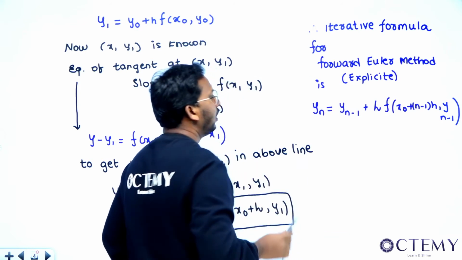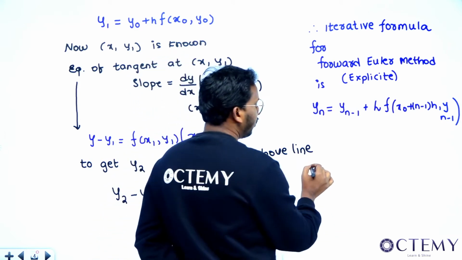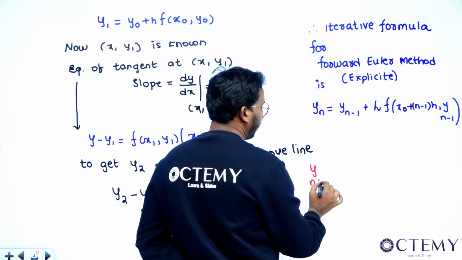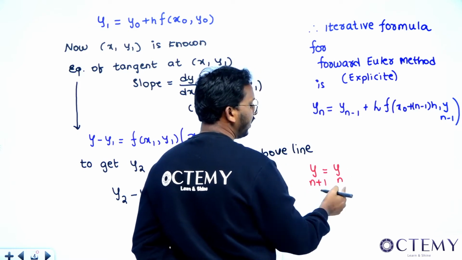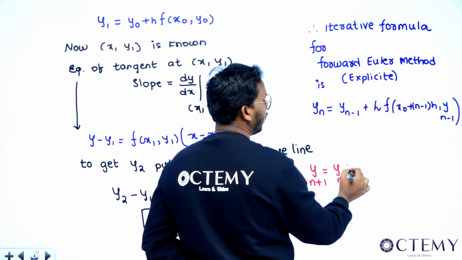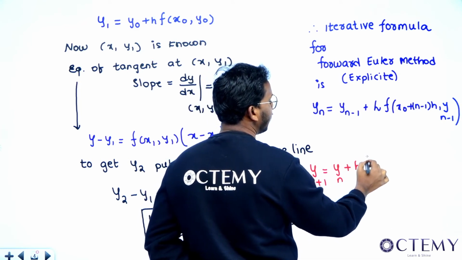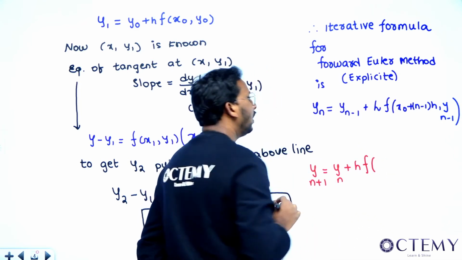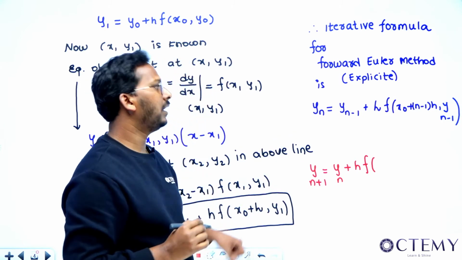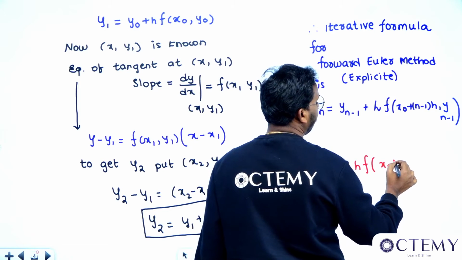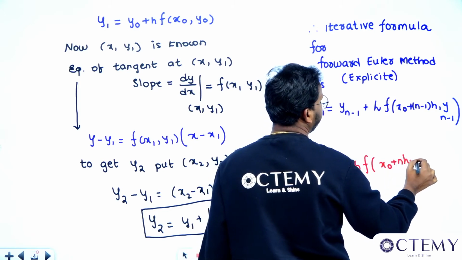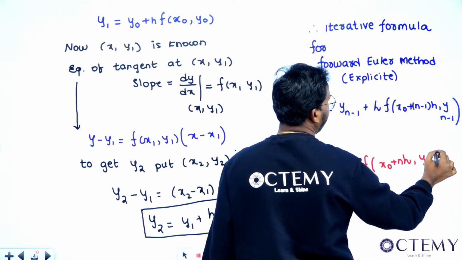Or if you want to remember, you can also write it like this: yn plus 1 is equal to yn plus h, which remains as it is, times f of xn, yn. But xn can be written as x naught plus nh, comma yn.